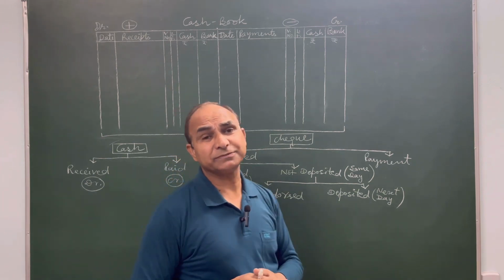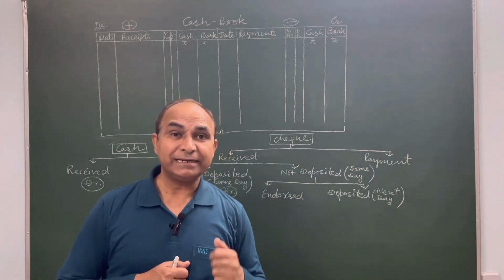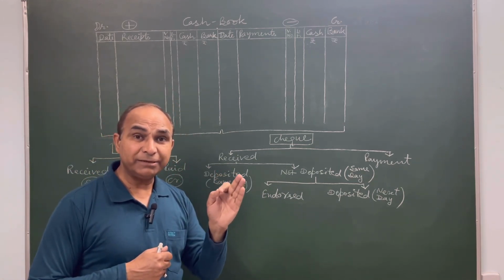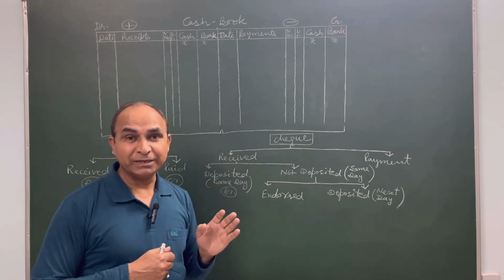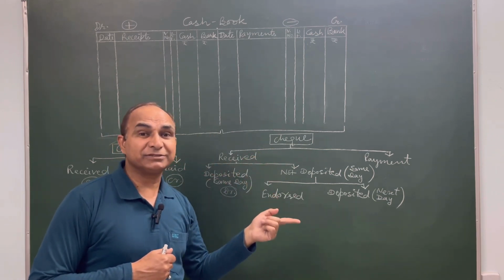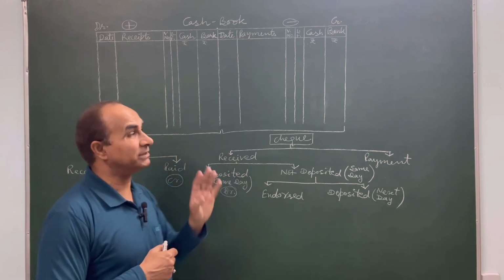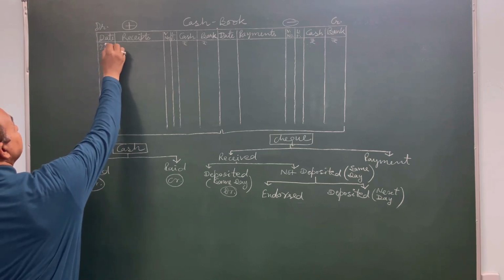Now coming to how to start the cash book. Firstly, at the beginning of each month, we have to record the opening balance of cash and the opening balance of bank. The closing balance of the previous month is taken as the opening balance of the current month. So first we write the year. Suppose it is 2023.